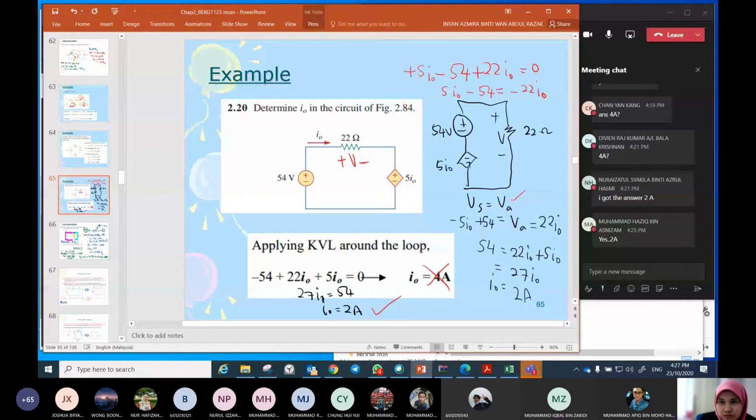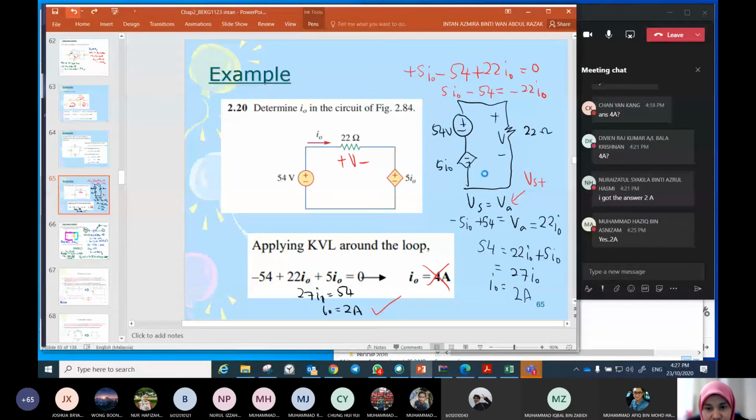This equation is equal to Vs plus Va equal to 0. The summation of, okay, the summation of. No, cannot write like this. The summation of voltages in a closed loop path is equal to 0.